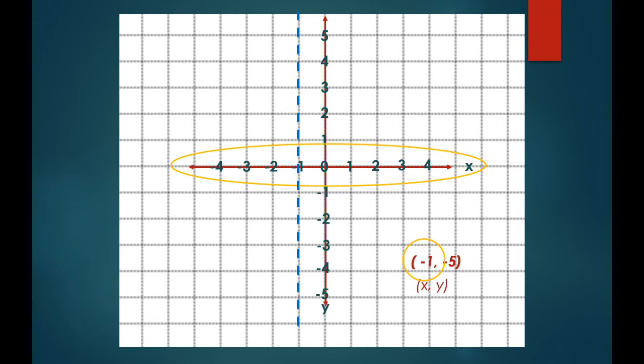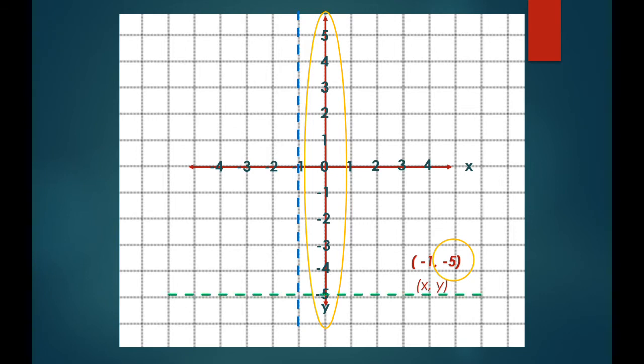Yun. So, nilagyan natin ng vertical line yung negative 1 para makita natin kung nasaan ba si negative 1. Next, negative 5 naman. Nasaan si negative 5? Hindi na tayo doon sa horizontal line titingin. Doon na tayo sa vertical line. Nasaan ang negative 5?